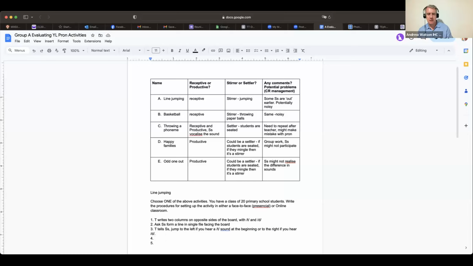So it's the same, but the teacher tells students the sound is at the end. At the end of the word.